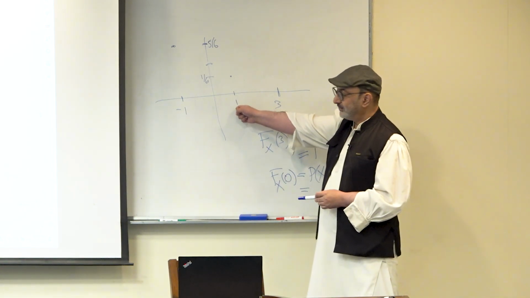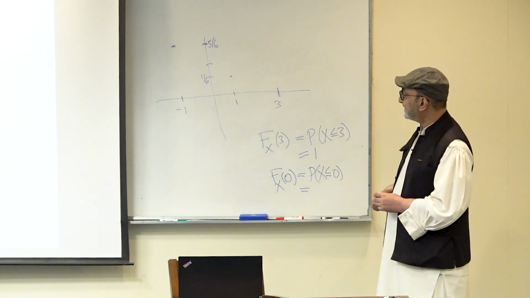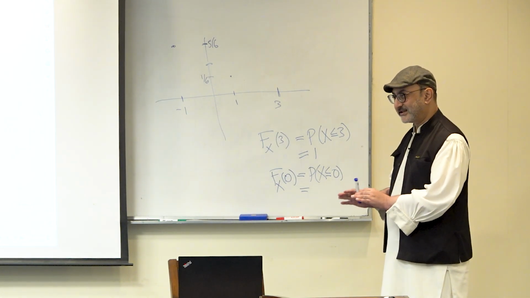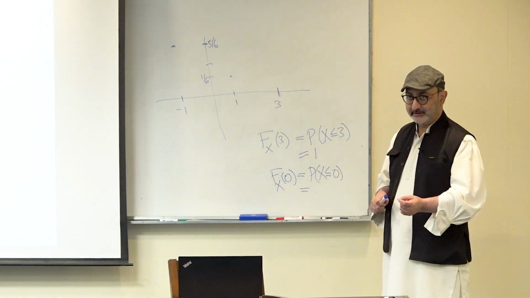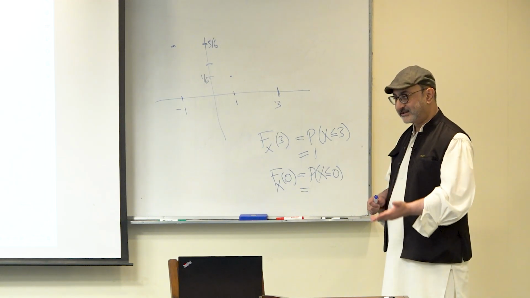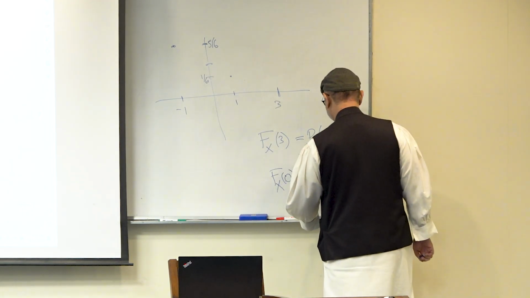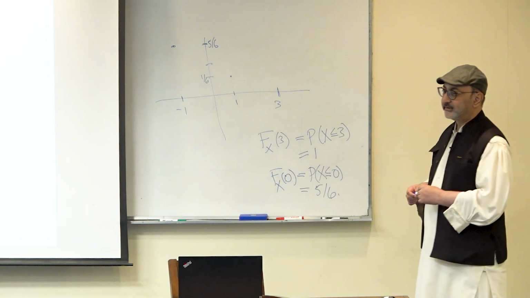X can't be 1, because that's bigger than 0. So x less than or equal to 0 means necessarily that x took the value -1. What's the probability that x took the value -1? It's 5/6.